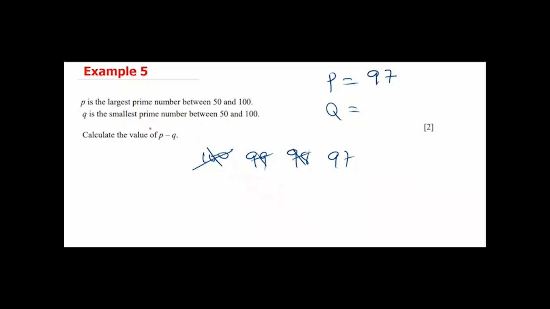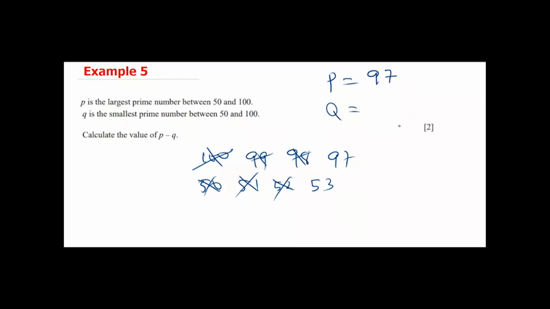And Q is the smallest prime number. Okay, so let's start from 50. 50 is not a prime number. Then 51 is not a prime number. Then 52 is not a prime number. Then 53 is the smallest prime number there, because apart from 1 and itself, there is no other number that can divide 53.